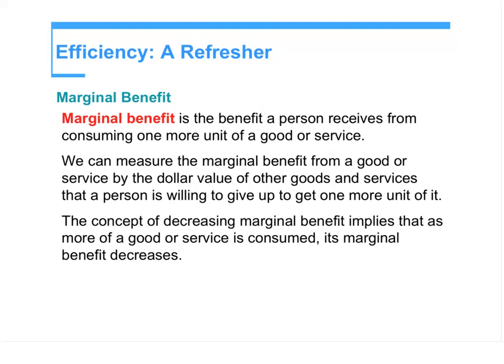So when you add one more of that product or service, the benefit you get is called marginal benefit. We can measure the marginal benefit from a good or service by the dollar value of other goods and services that the person is willing to give up to get one more unit. So again, opportunity cost here too.